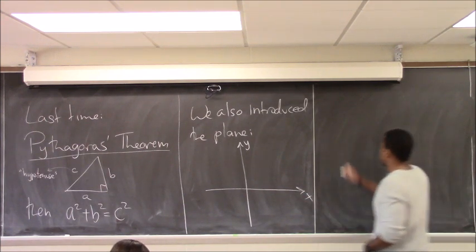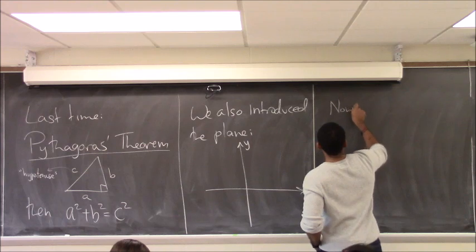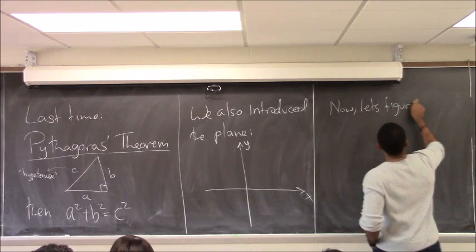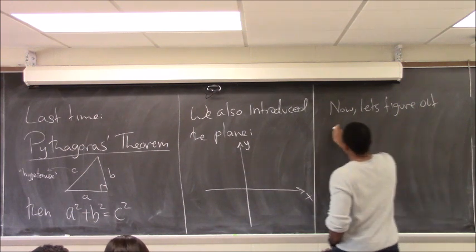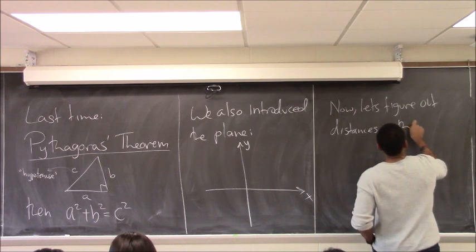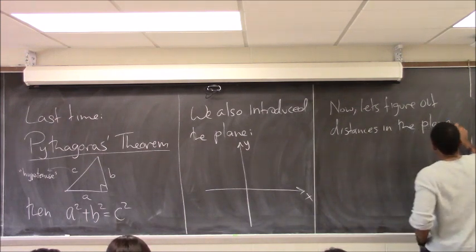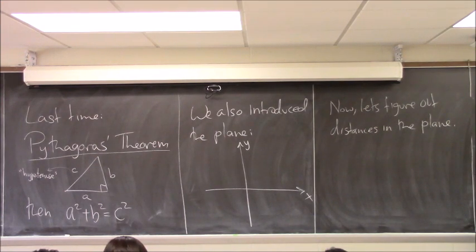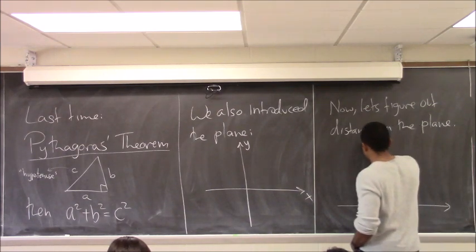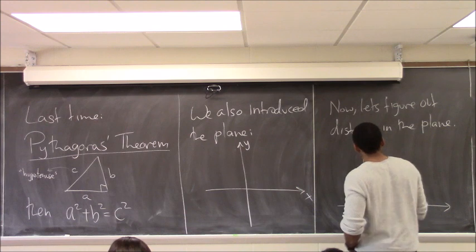So now, let's figure out distances in the plane. The plane, you can think of it as an environment. If you have two things in the plane, you're going to want to know how far away they are from each other in some circumstances.